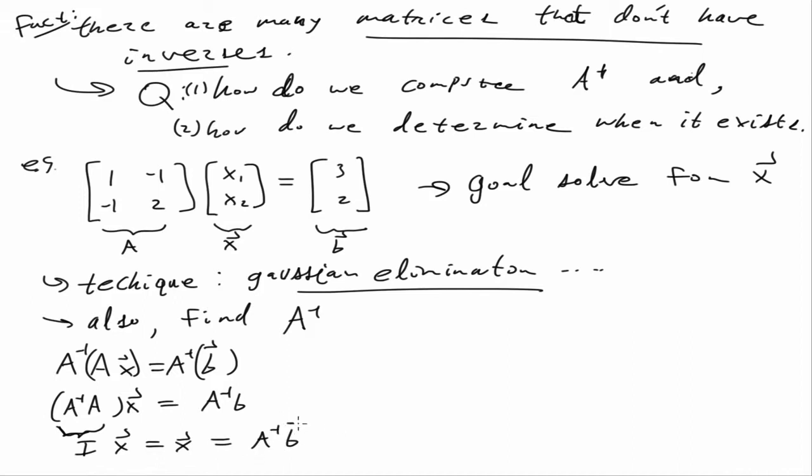Then all we'd have to do is multiply this matrix by this vector to find X.